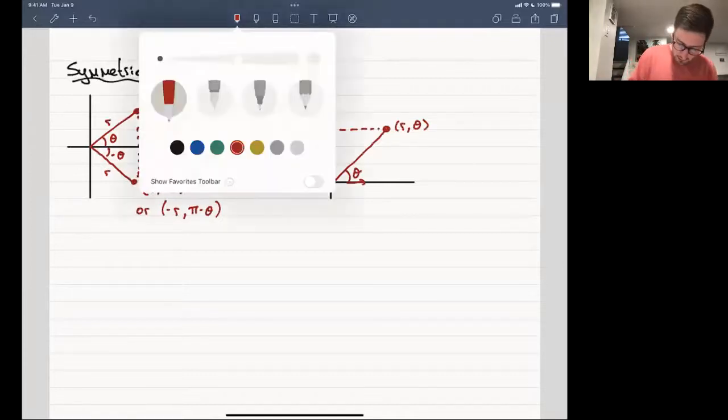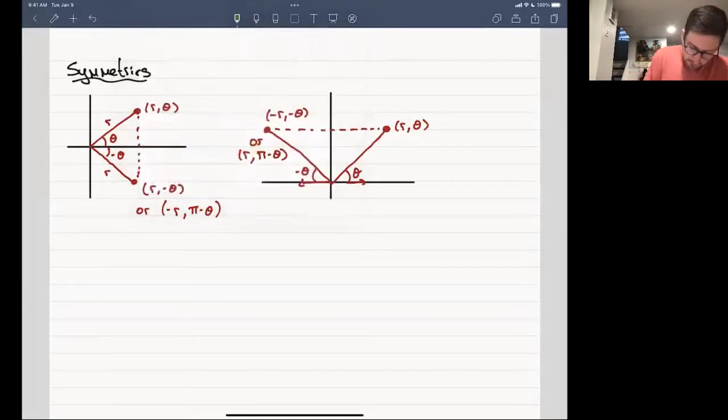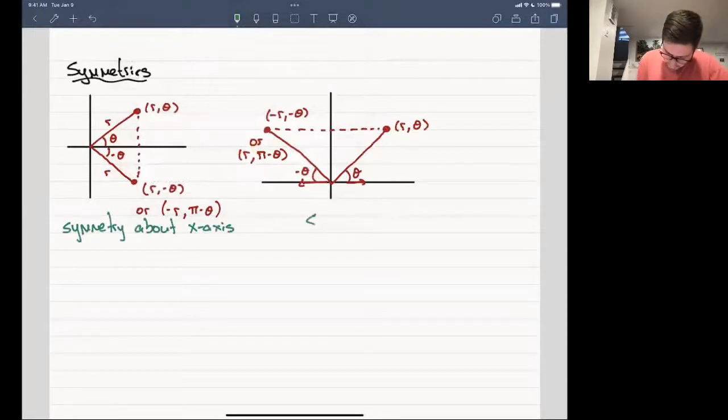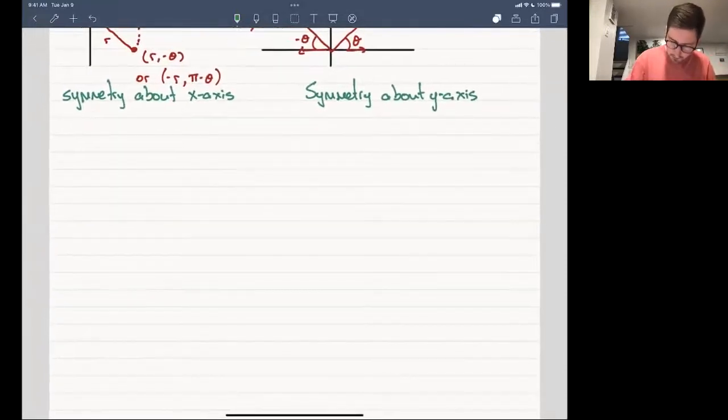So maybe I should point this out. This is symmetry about the x-axis. This is symmetry about the y-axis. And we're going to do one more symmetry here while we're talking about this, and this is going to be symmetry about the origin.